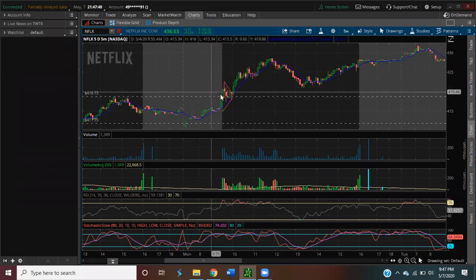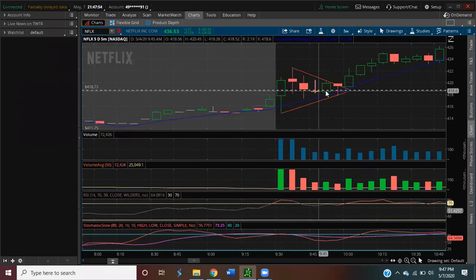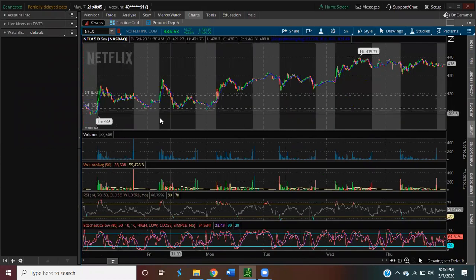Given that it had already passed your resistance, and while it was making this pattern it was still holding, it turned its previous resistance into support. That could have given you a clear indication that when it started pushing up, you could have gotten in.